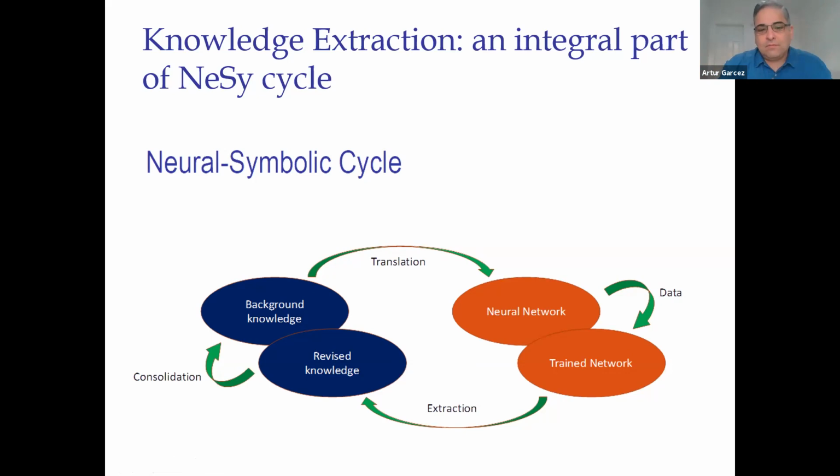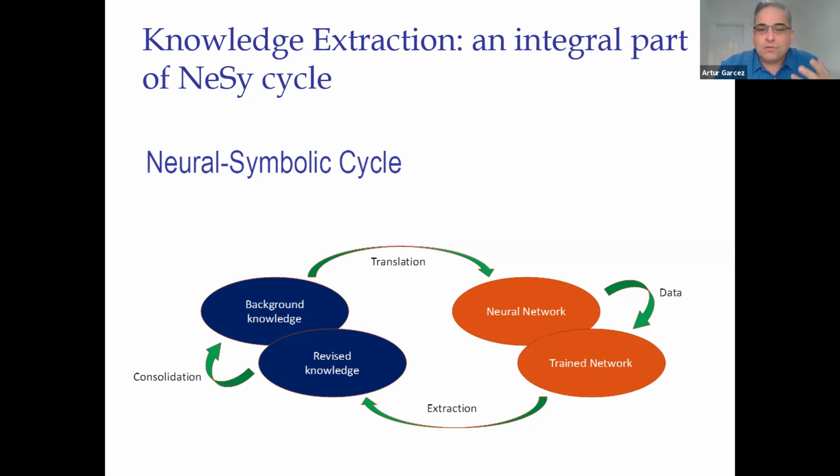We extract some knowledge, which can then be consolidated with the background knowledge, and then hopefully the process repeated. So this step of extracting symbolic representations from trained neural networks is what we call knowledge extraction.